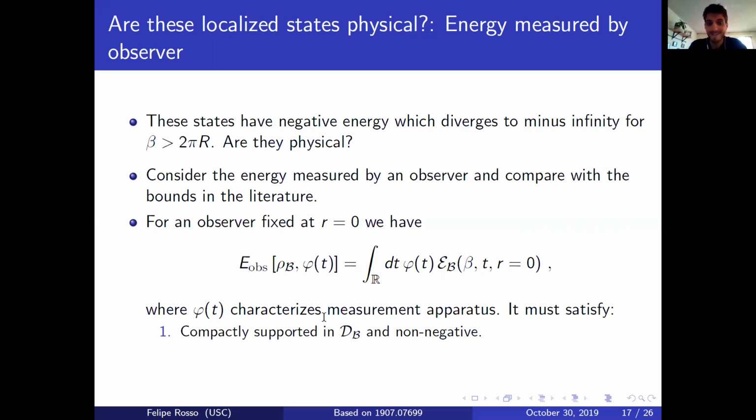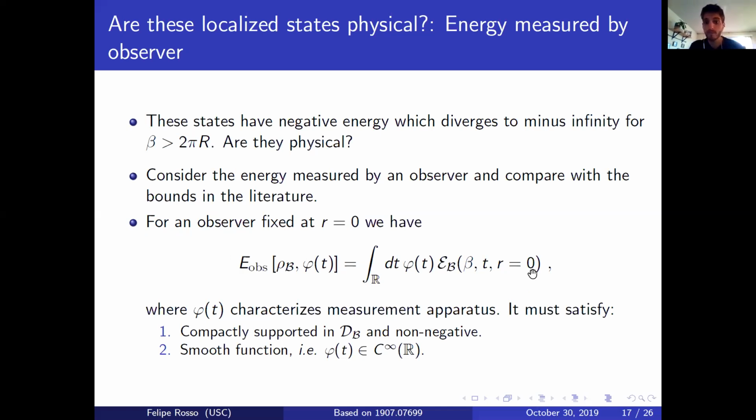The second thing it has to satisfy is that it has to be a smooth function, and the reason this is required we will see in a moment. Bounds on quantities like this, for the energy measured by an observer, are referred to as quantum energy inequalities, and they have been studied for 20 years or so.